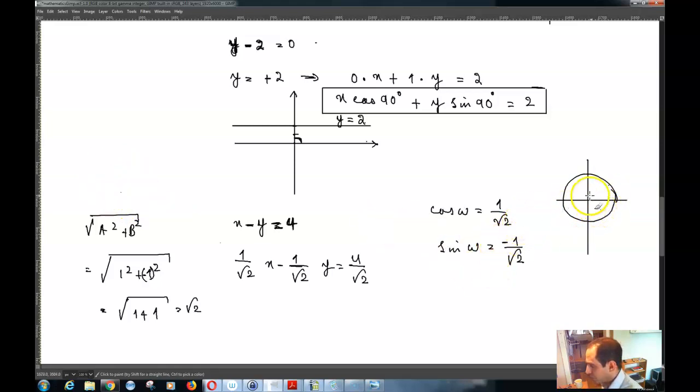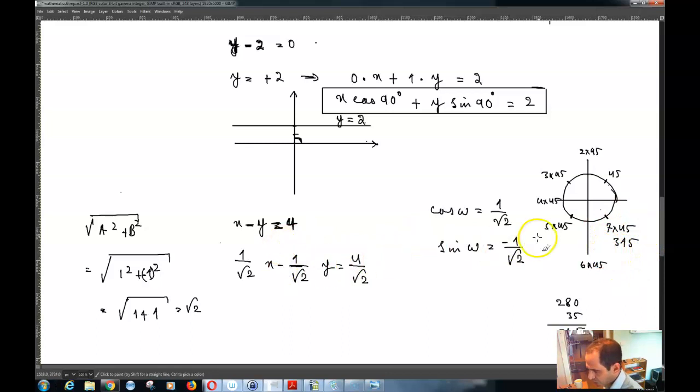Because it's a multiple of 45 degrees, you see this is 45, this is 2 times 45, this is 3 times 45, this is 4 times 45, over here you have 5 times 45, over here 6 times 45, which is 270, and this is 7 times 45, which is 315, exactly the angle that we got in the beginning.